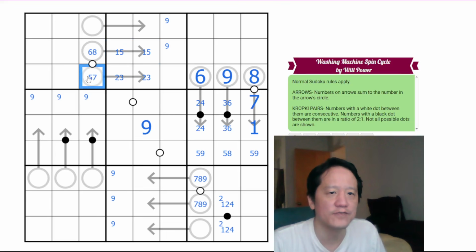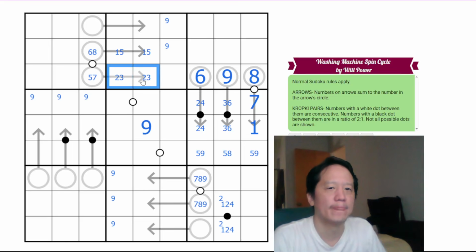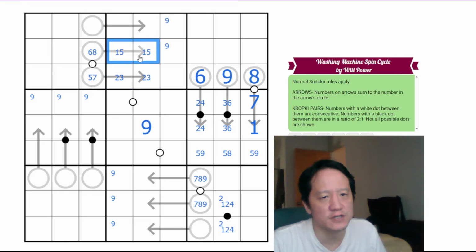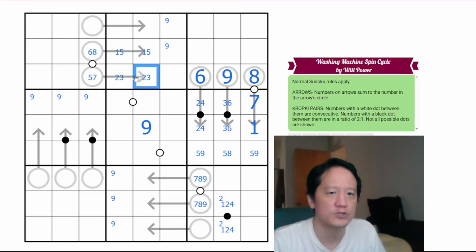Or if it's 7, this would be 8 or 6. It cannot be 1, 6 here, so it would have to be 2, 5, or 3, 4. And so if this is 6 here, this is 7. 2, 5, and 3, 4 eliminate 2 and 4 as possibilities. So this would be 1, 5, which would make this 3 and 4 here.